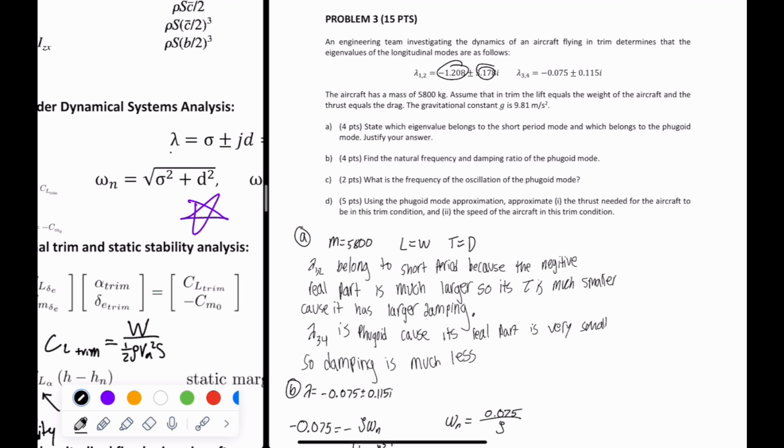So clearly the natural frequency of this eigenvalue is going to be greater than this one because these have smaller components of the real and imaginary parts of the eigenvalue. So we know that this has a much larger natural frequency. So the eigenvalues of vector 1 and 2 must belong to the short period mode, and the other one thus must be the fugoid mode.